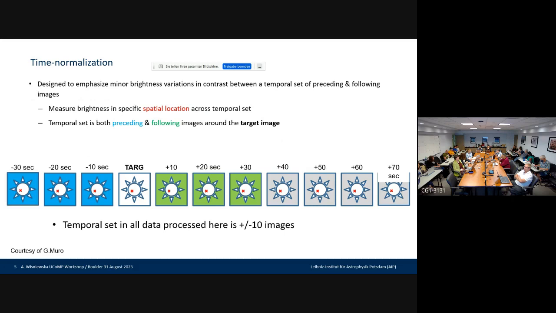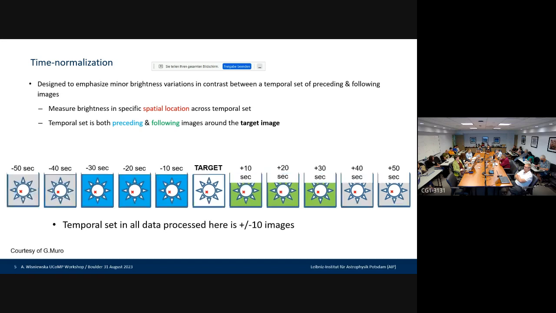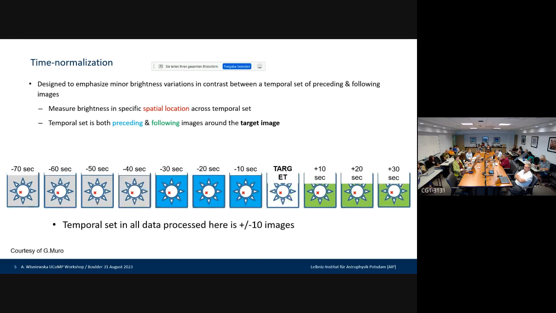So we used a newly developed time normalization to emphasize minor brightness variation in contrast between a temporal set of preceding and following images. What it does is measure brightness in specific spatial locations, so it's the target, across the temporal set. This temporal set is both preceding and following images around the target image.